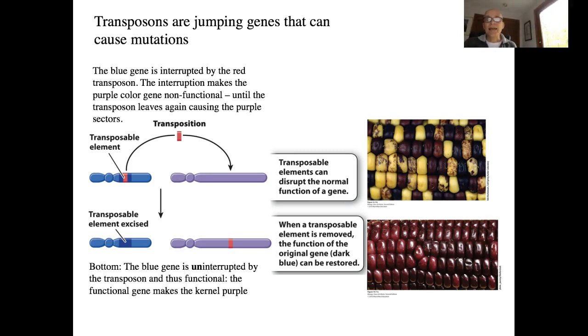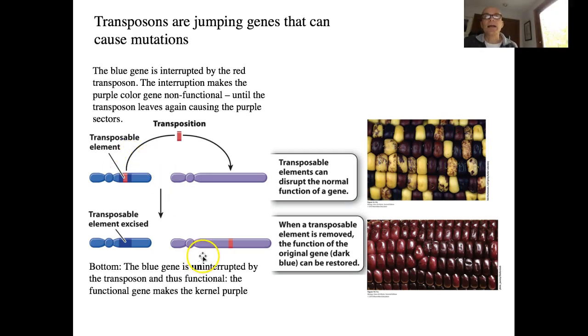Now, today, I want to discuss transposons from a different point of view, not just as a bunch of DNA that's taking up space, but what happens when a piece of DNA jumps around. And so we said there were two types of transposons. There were the DNA transposons and the RNA transposons, or the DNA and the retrotransposons, which are RNA transposons.